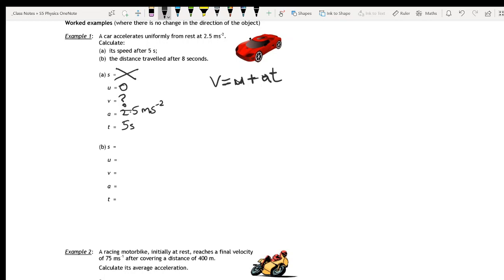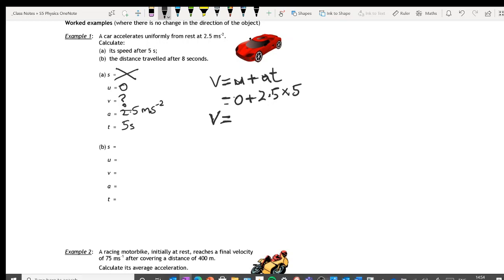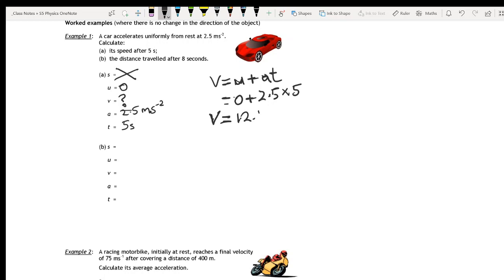And then all you need to do is put in your numbers. So you've identified U is 0, our acceleration is positive 2.5, and our time is 5 seconds. So the final speed after 5 seconds is going to be 12.5 meters per second.